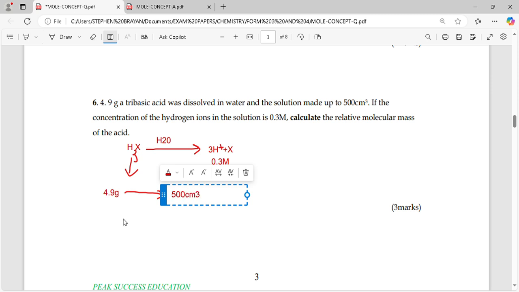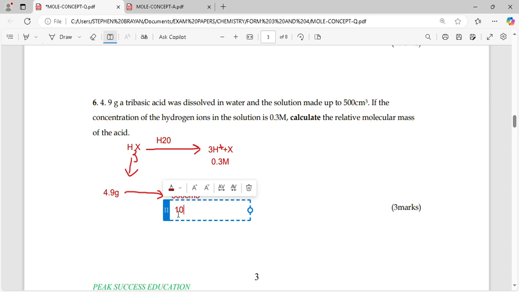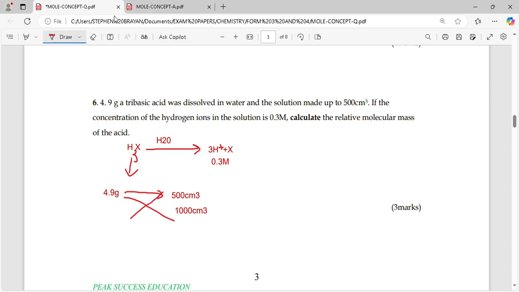Now, if 4.9 grams is in 500 cubic centimeters, and you want to get grams per liter, remember a liter is 1,000 cubic centimeters. So just simply come here and say, what about 1,000 centimeters cubed? Okay, so if you cross multiply this, you are going to get something which is called grams per liter.